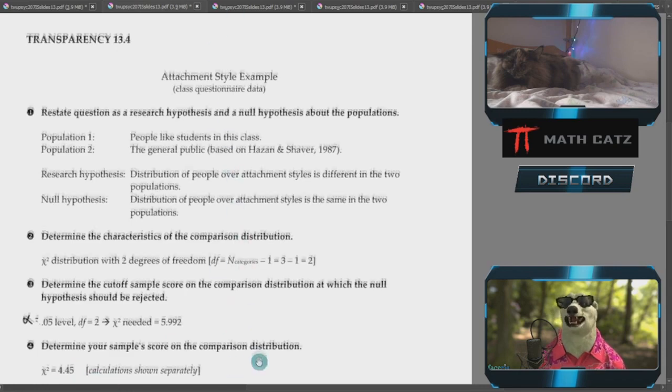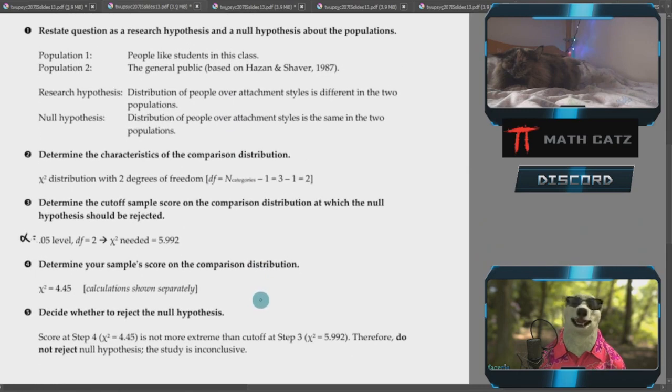We visualized it, and we make our conclusion that we do not reject the null hypothesis. The evidence isn't strong enough to suggest that the people I'm investigating are different from the general public. So that's the first question that we investigate, the goodness of fit, observation versus expected frequency.